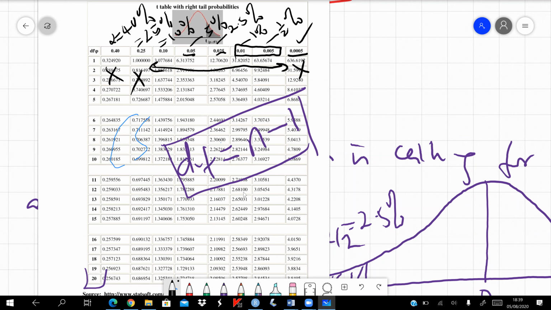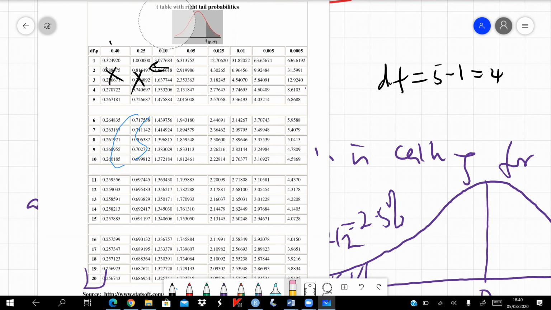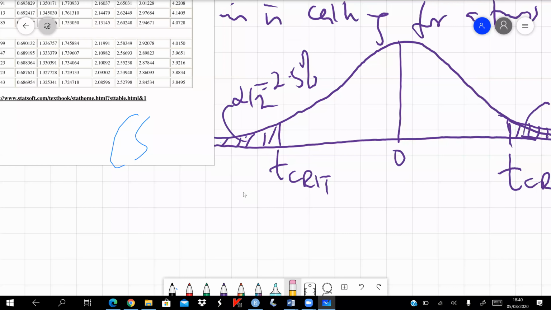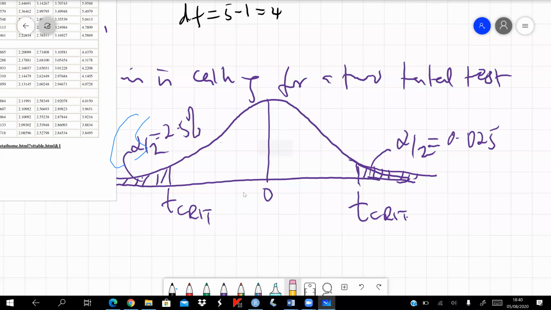In this example, our degrees of freedom is 5 minus 1, which is 4. If you want to find the critical value and we are doing a two-tail test, this is the area that we shall be checking in our tables.